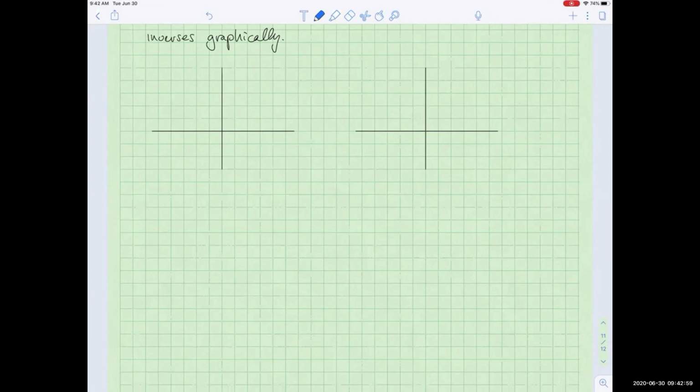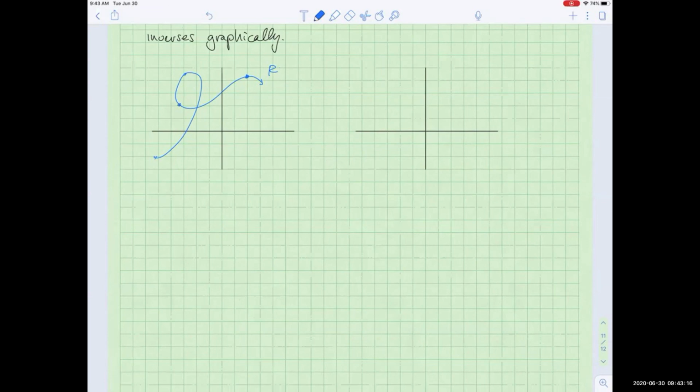So let's talk about inverses graphically. Say I have a relationship that's silly, looks something like that. R is my relationship, and it goes through some ordered pairs.